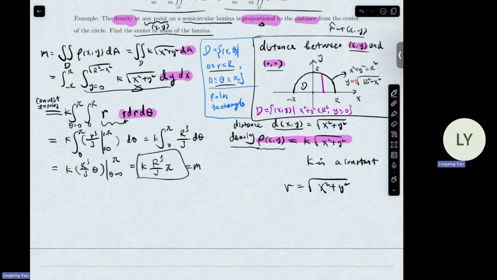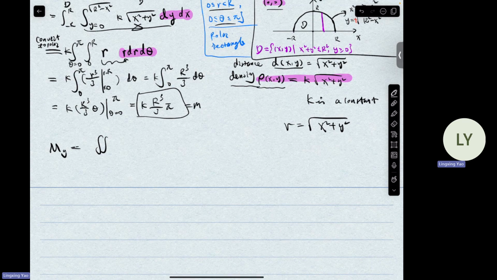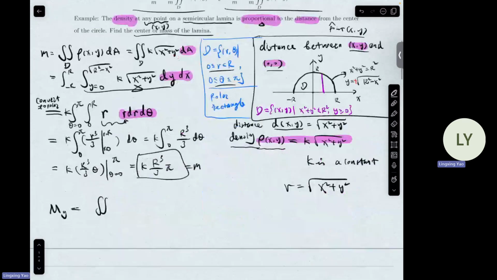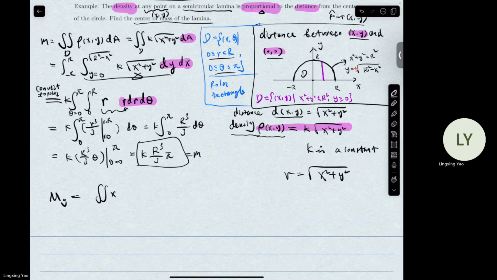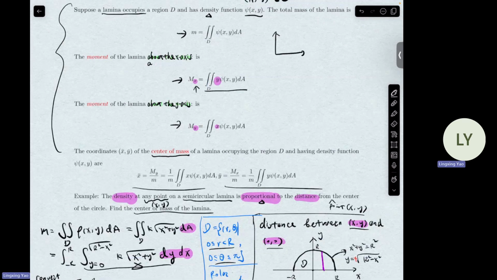All right, so it's a similar calculation we can do to get the moments. Remember, m sub x is the moment about the x-axis, and m sub y is the moment about the y-axis. Over here, m sub x, the moment for the laminar region about the x-axis, is obtained by multiplying y by the density function.